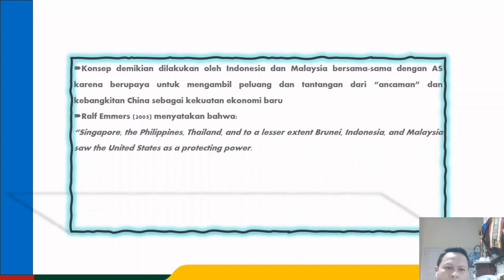Okay, Ralph Emmers defined that for countries like Singapore, the Philippines, Thailand, and to some extent Brunei, Malaysia, Indonesia, the US is the protecting power. This is quite interesting because maybe China is an enemy of the US, but sometimes the countries also see China as an opportunity.